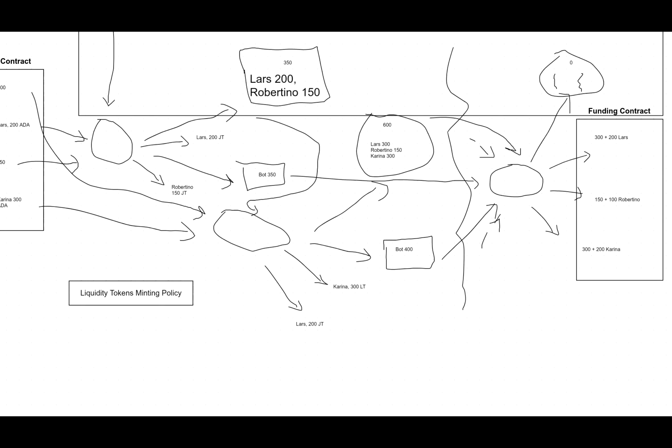But after the bot has made a profit, JSON tokens are worth 11/6 ADA. Then the bot pays to this payout contract, and if I burn JSON tokens, for each one I burn I can take out 11 divided by 6 ADA.